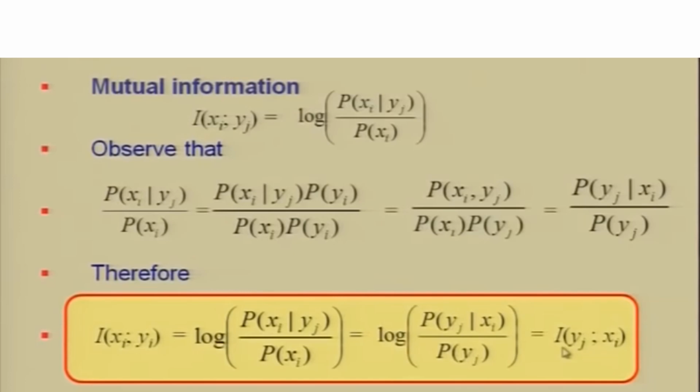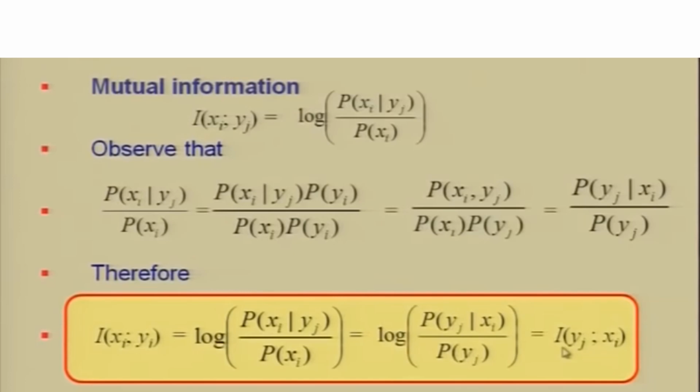Let us see how it is symmetric in nature. I of xi comma yj is nothing but log of the conditional probability of xi given yj divided by probability of xi. If we take this right-hand side part, we can multiply both numerator and denominator by probability of yj. This is just for mathematical manipulation.